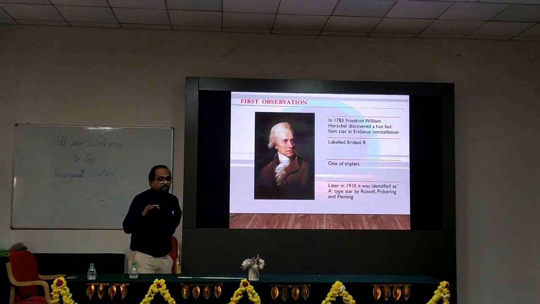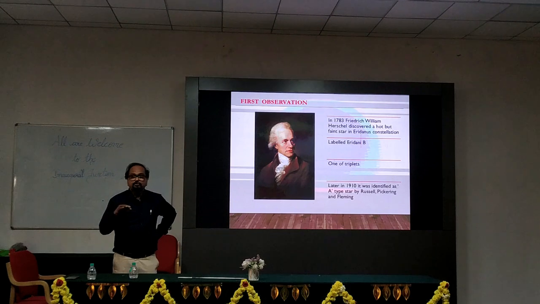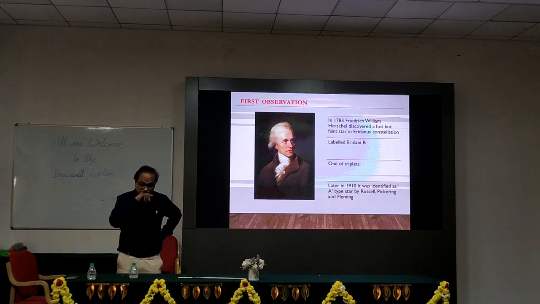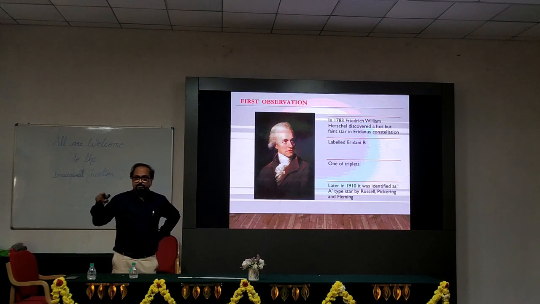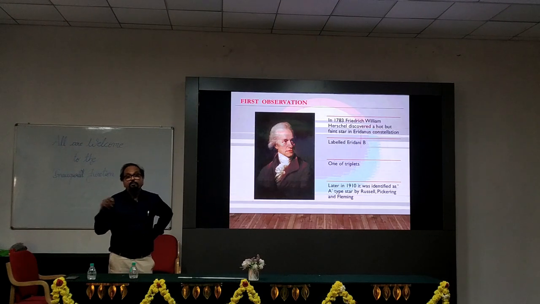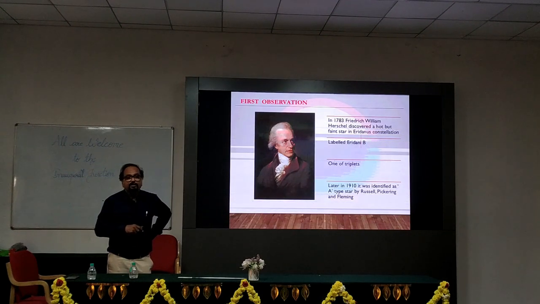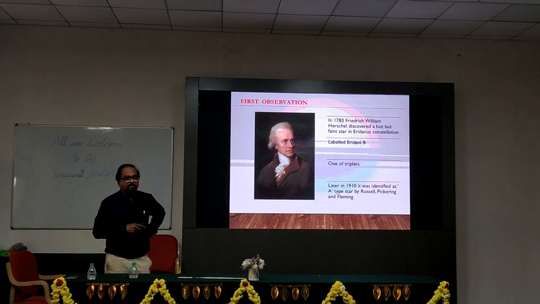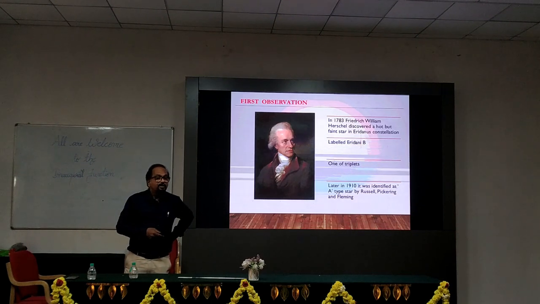So stars have been identified as different classes. Spectral classes: O, B, A, F, G, K, M, and so on. Have you heard about spectral classification? Oh, it's there in your degree courses, I think.